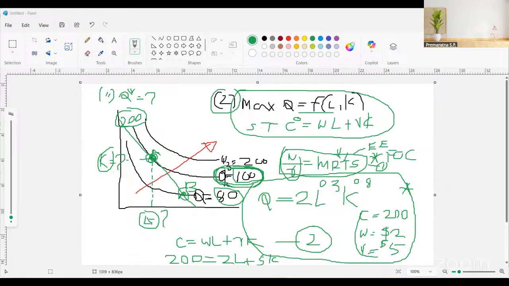They may reach a new isoquant curve. So there are new amounts of labor and capital.